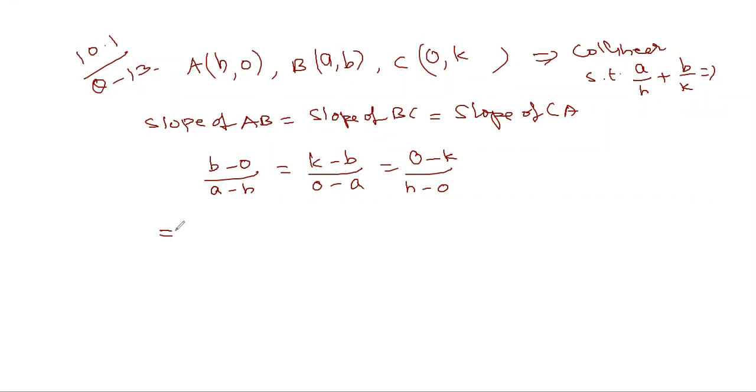Okay, and solve this equation. So b upon a minus h is equal to k minus b upon minus a is equal to minus k upon h. So now we can take any two sides. So first and second.